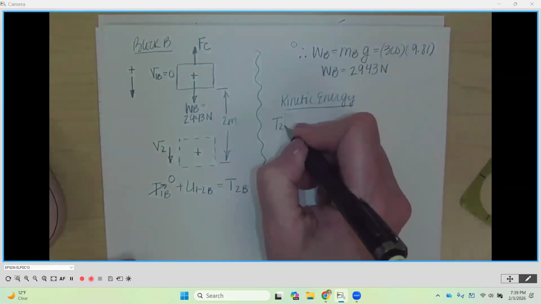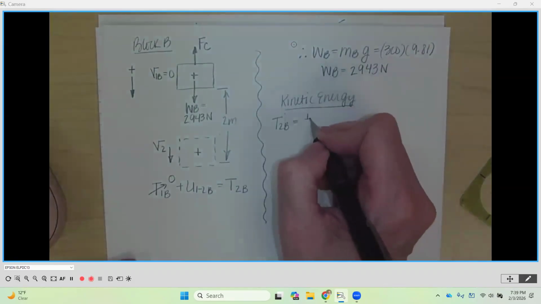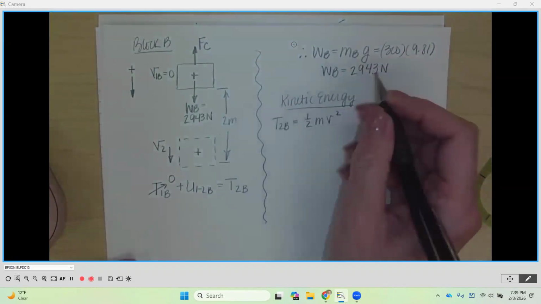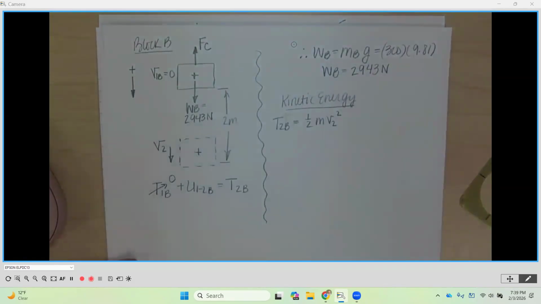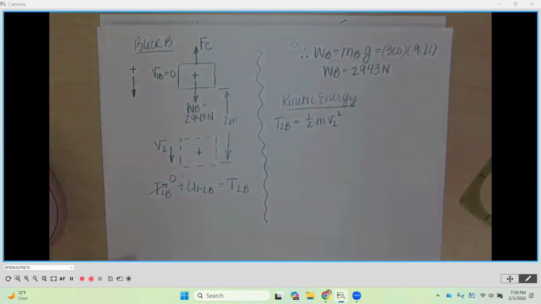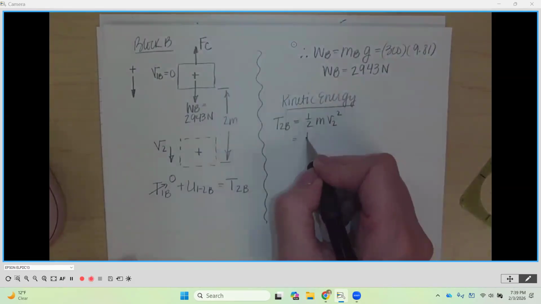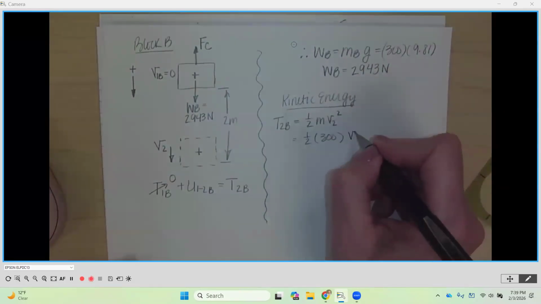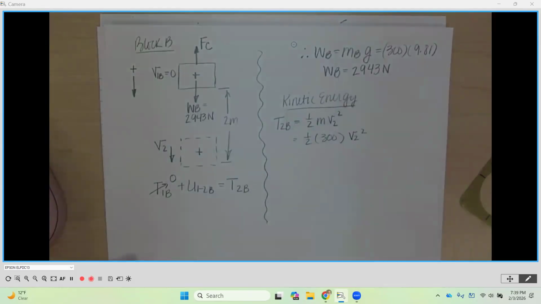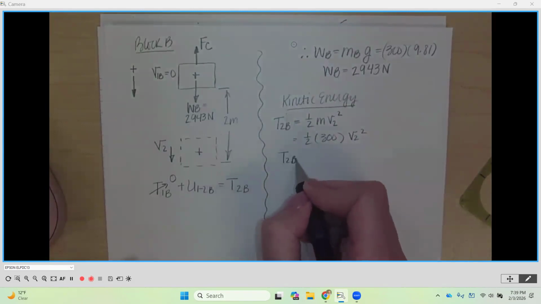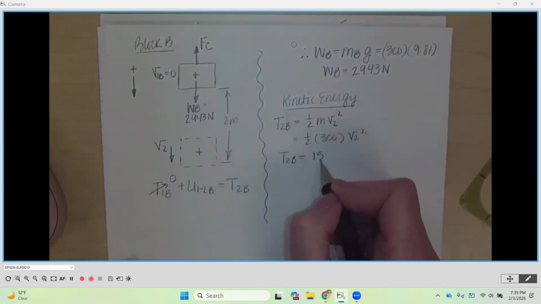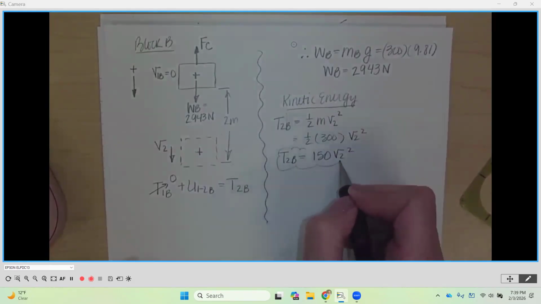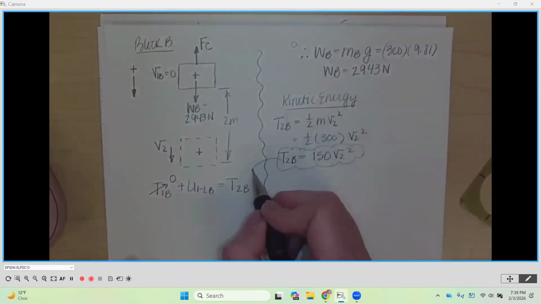We're going to do T2B is equal to 1/2 mv squared, and this is going to be V2 squared. 1/2 times 300 times V2 squared. So our T2B will be 150 V2 squared. That's what we'll put right there.